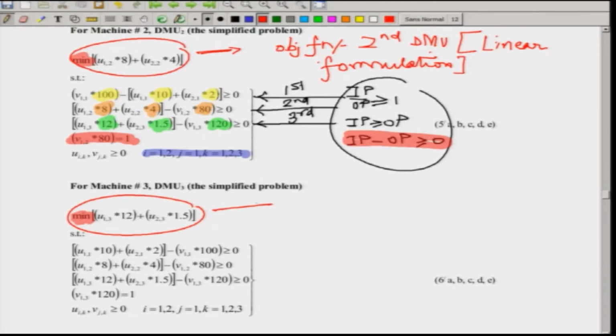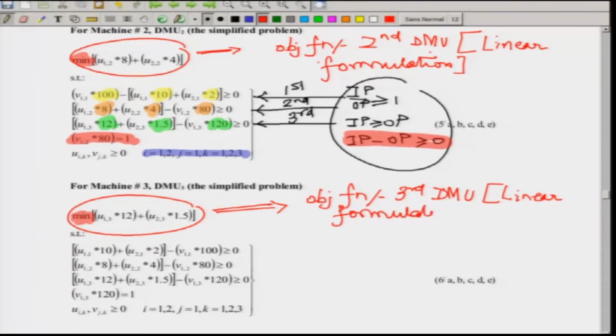So, this becomes the objective function for the third DMU, which is the linear formulation. So, this is the linear formulation which is being done.